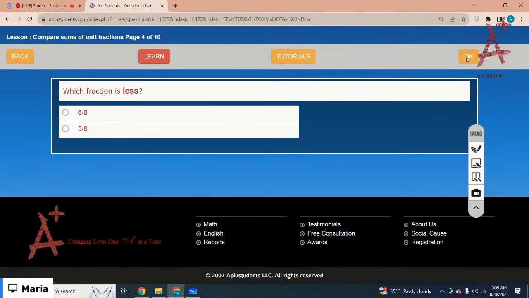Which fraction is less? 6 over 8, 5 over 8. 5 over 8 is less.